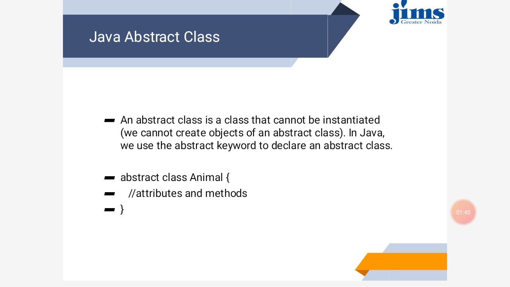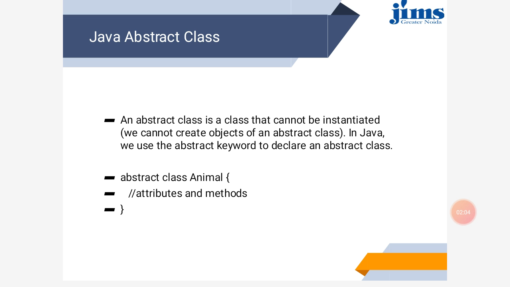Similarly, in Java programming, there is the concept of abstraction. Here you show only the important part and the rest is hidden. So to achieve abstraction, we use abstract class and interfaces.